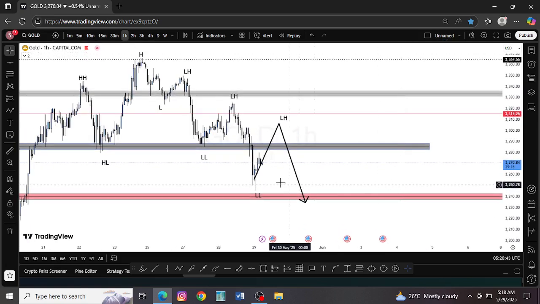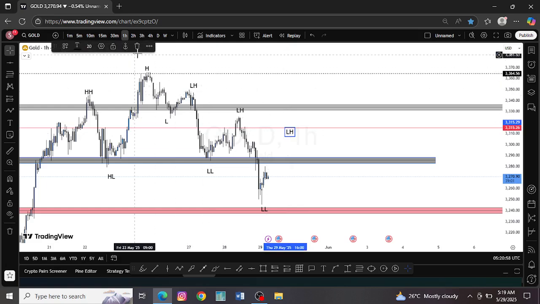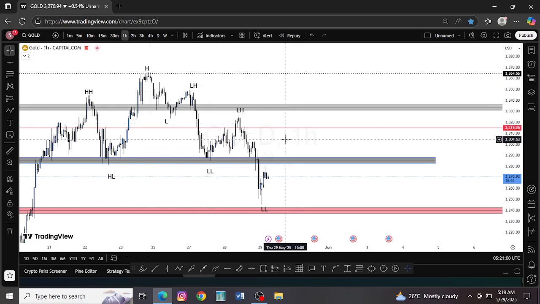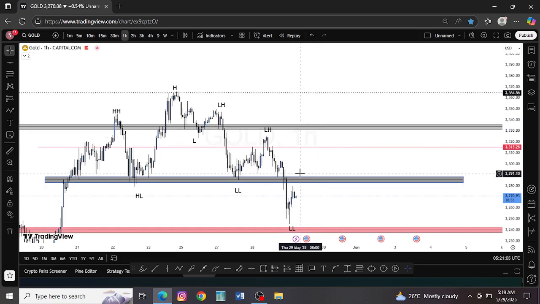So right now I'm looking at price creating a new lower low and then a new lower high for continuation. You can see the lower low has already begun, and so we look out for the lower high by targeting 3315 at its highest point for a sell, and then within the 3285 area zone for also a sell.